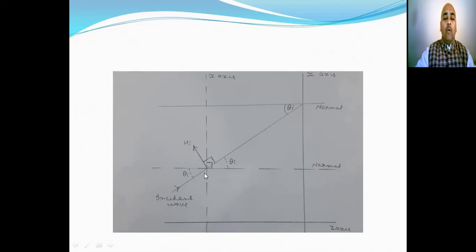I am redrawing normals at some point, and at this point I am drawing the x-axis again, parallel to the x-axis. Now from here we can calculate that this angle as well as this angle are theta_i, as this is 90 degrees with the direction of propagation of the wave.